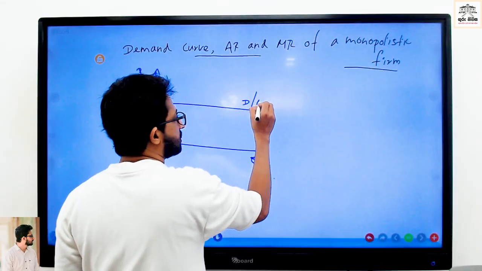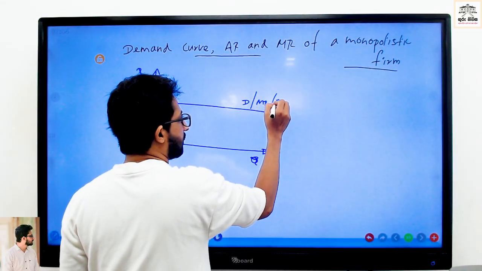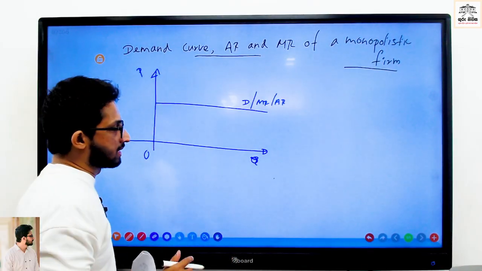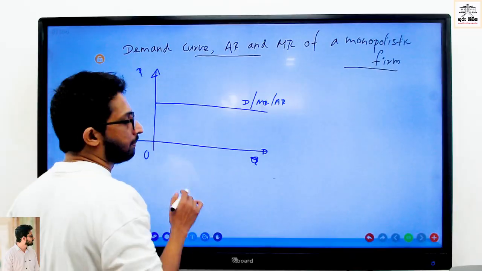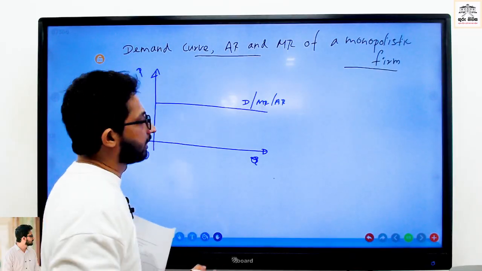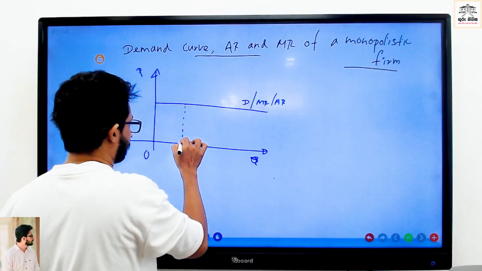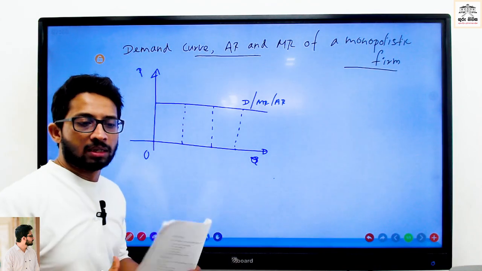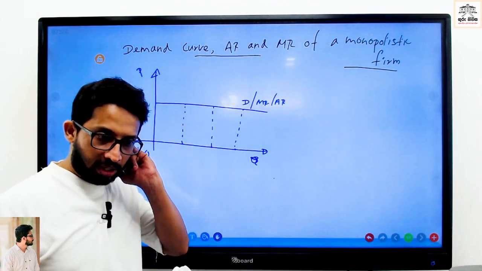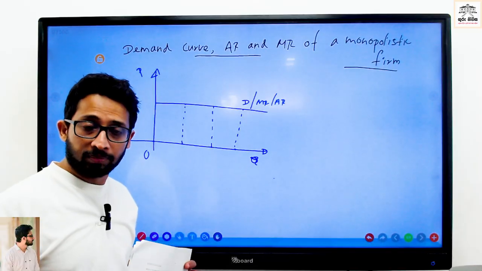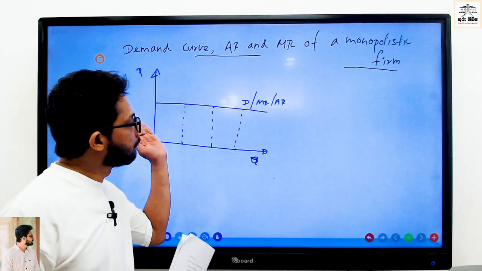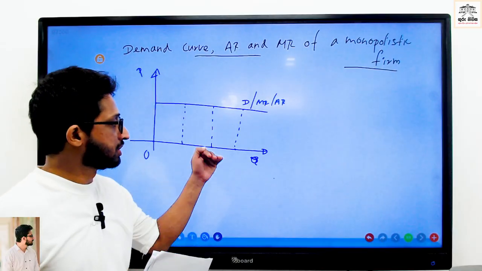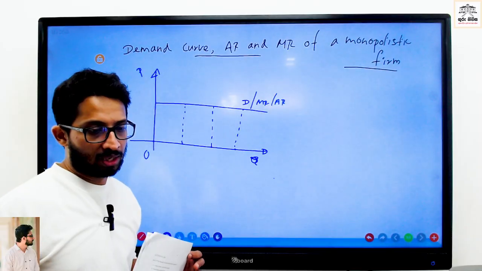And marginal revenue and average revenue are both the same in a perfectly competitive firm. Simple way, we can say if a firm is a price taker, the firm has a perfectly elastic demand curve, or a demand curve which is parallel to the quantity axis.